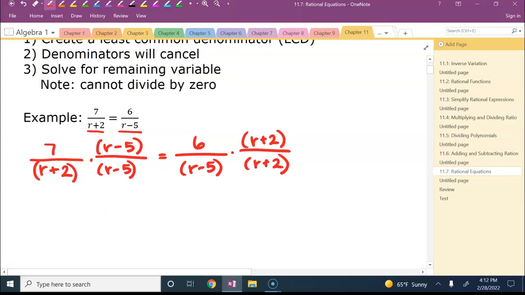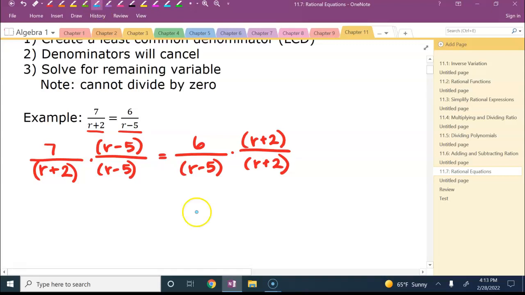So when I do this, what I want you guys to understand is that I would have these common denominators here, and what would eventually happen is I would want to get rid of the fractions altogether, and so I would multiply both of my fractions by what's in the denominator.